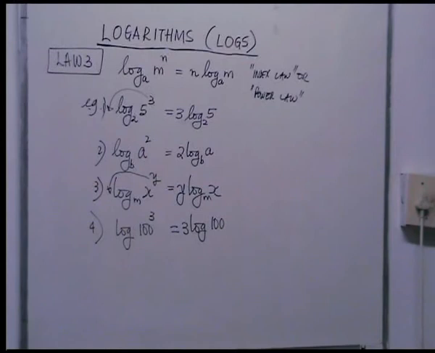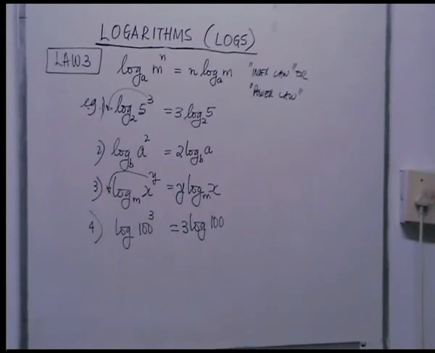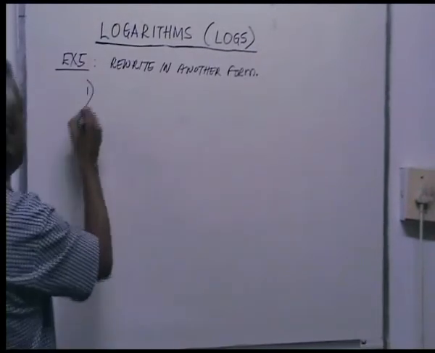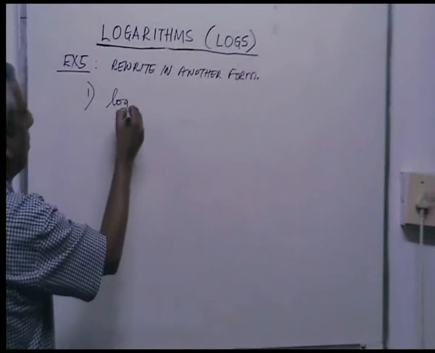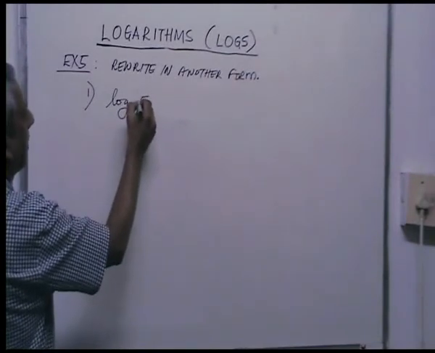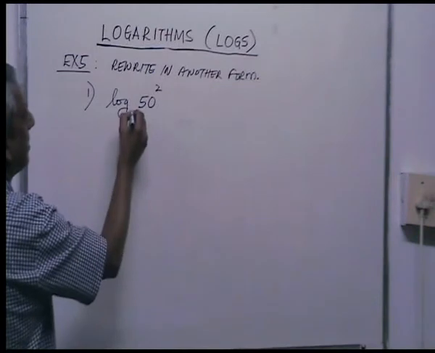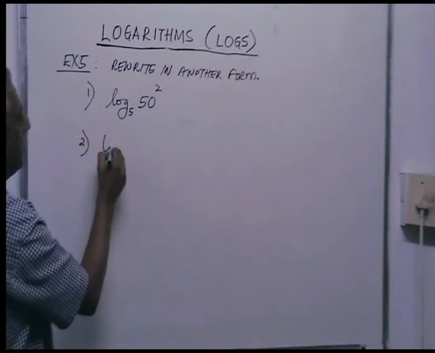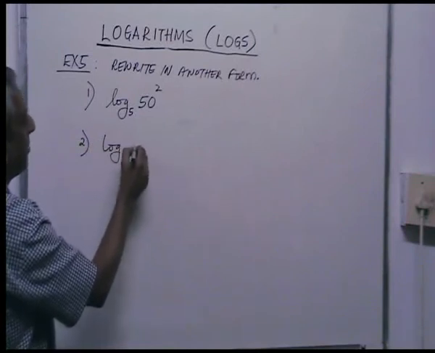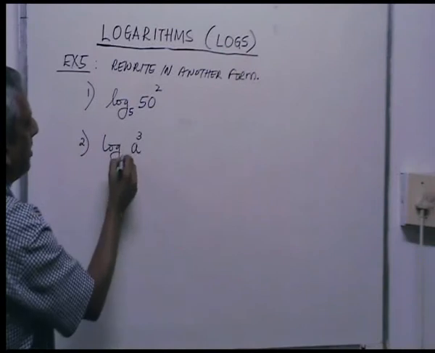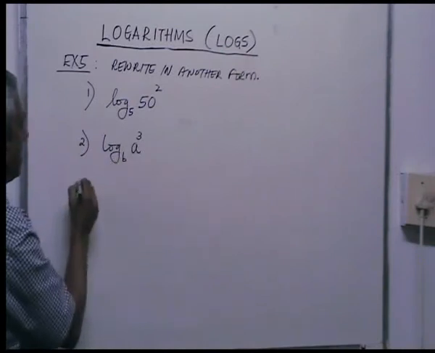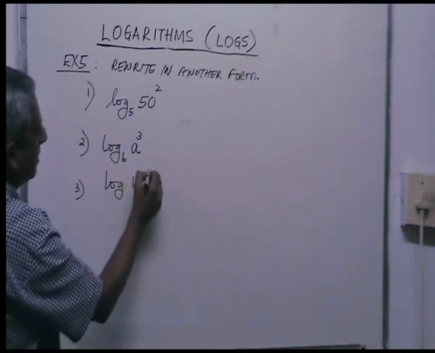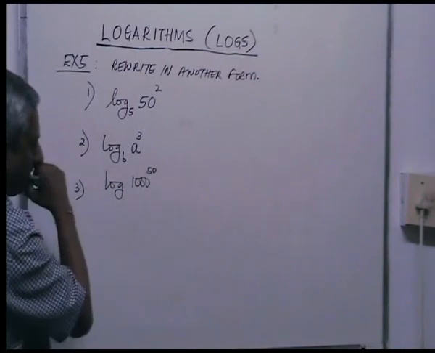So what I'm going to do now is give you a little exercise to practice law number 3. Right. Number 1, the log of 50 squared to the base 5. Number 2, the log of a cubed to the base b. Number 3, the log of 1000 to the 50.